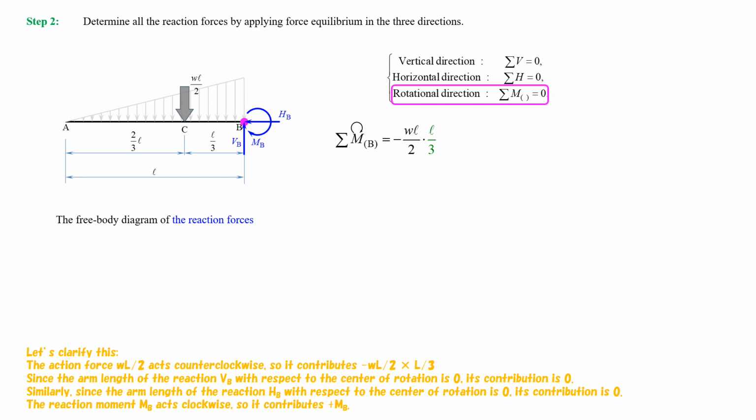Since the arm length of the reaction VB, with respect to the center of rotation, is 0, its contribution is 0. Similarly, since the arm length of the reaction HB, with respect to the center of rotation, is 0, its contribution is 0.